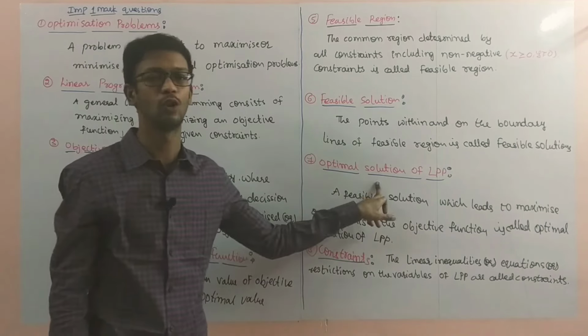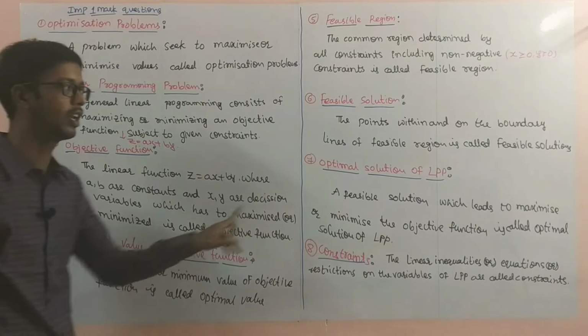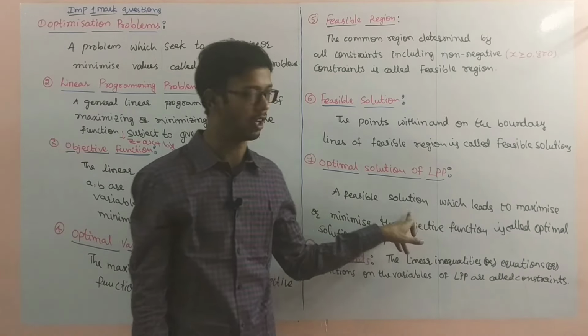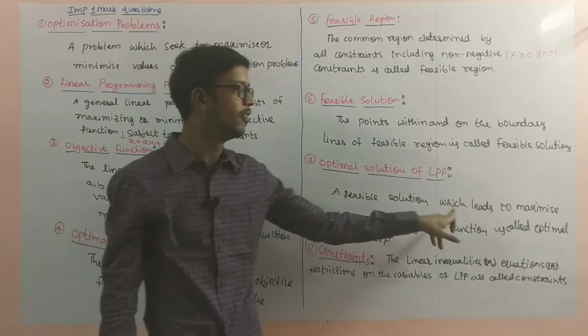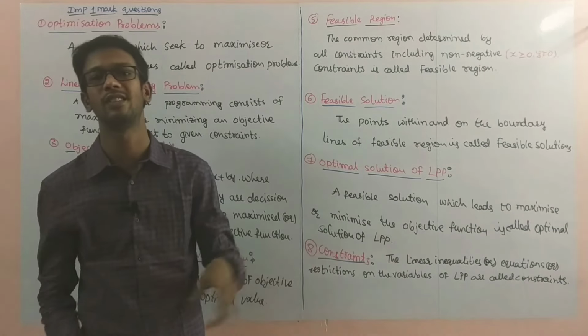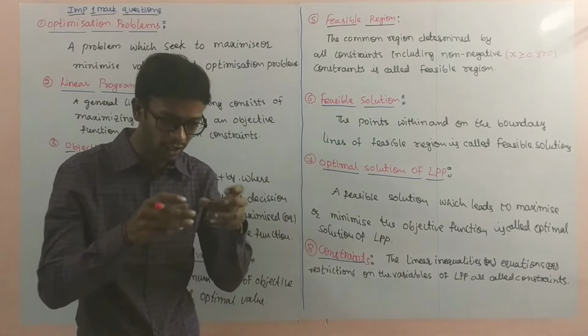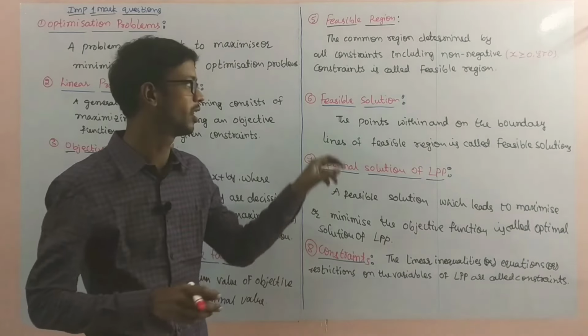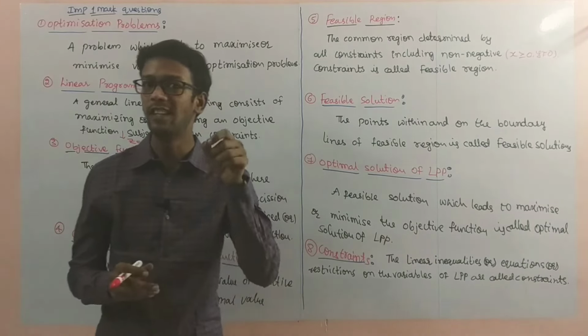Next, optimal solution. A feasible solution which leads to maximizing or minimizing the objective function. In a feasible region, a point is nothing but a feasible solution.